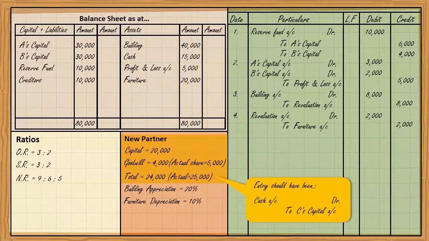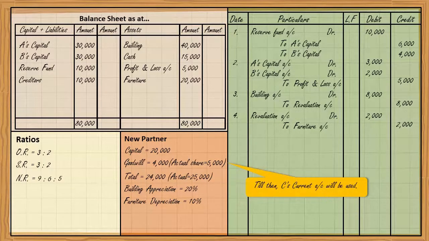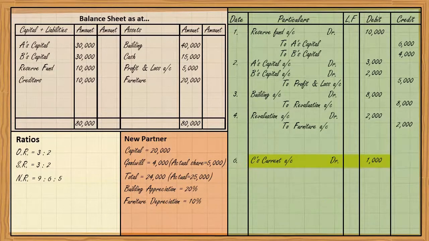So cash account debit to capital, and because he couldn't bring 1,000 rupees for goodwill, we will assume that after 1 month, 2 months, or a short span of time, he will bring the goodwill money, that is rupees 1,000. And till then we can create his current account. So the journal entry will be C's current account debit rupees 1,000, cash account debit 24,000, to C's capital 25,000 rupees.